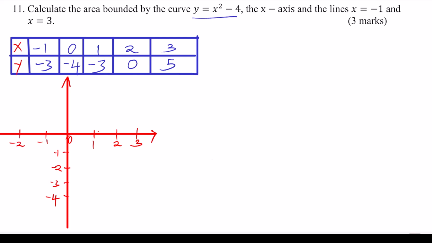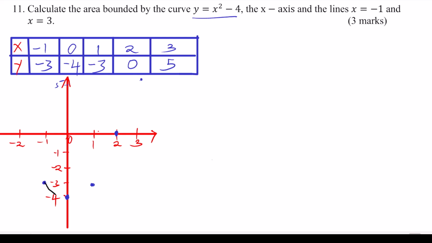So when x is -1, y is -3, so it'll be somewhere there. When x is 0, y is -4, there. Then 1, -3, there, 2, 0. Then 3, 5. 5 is up here, just sketching. So look at this sketch.